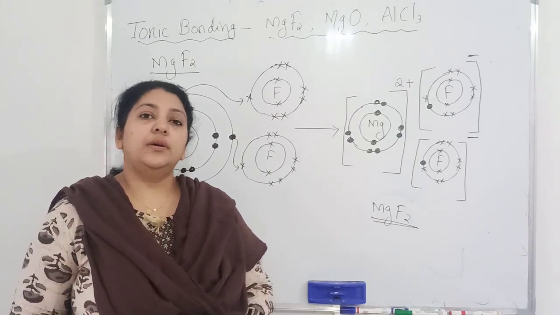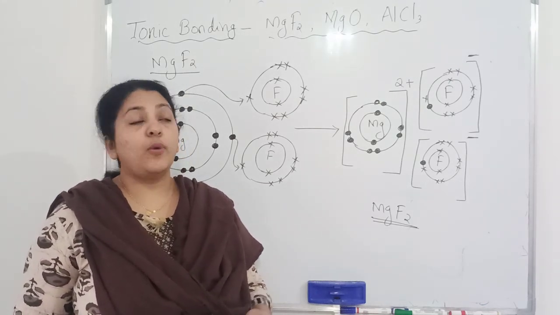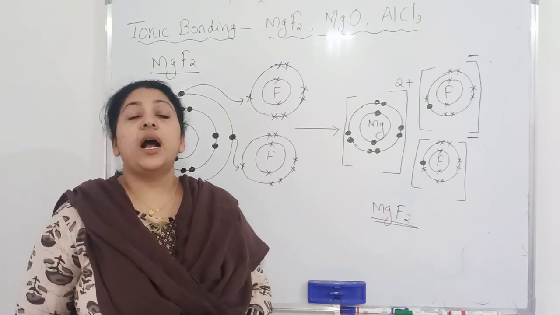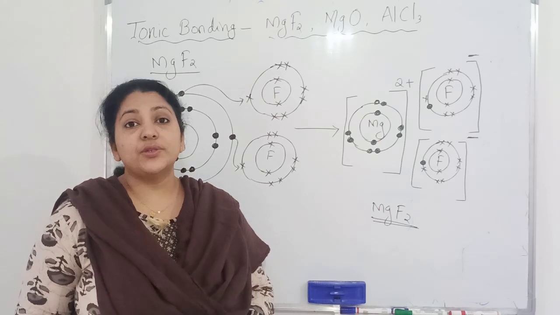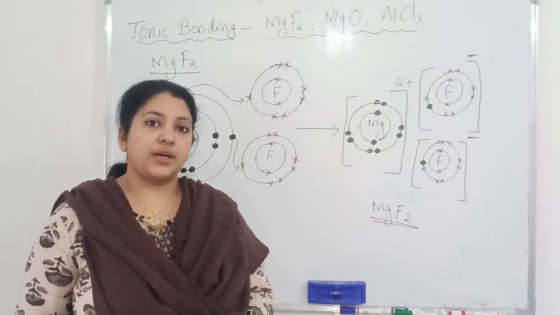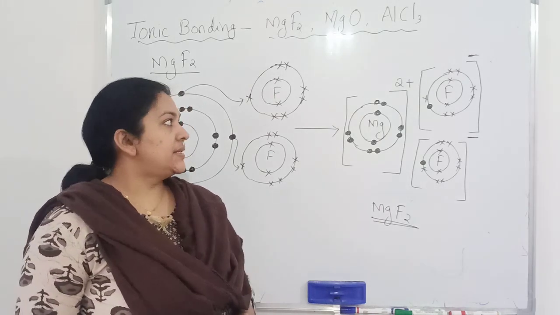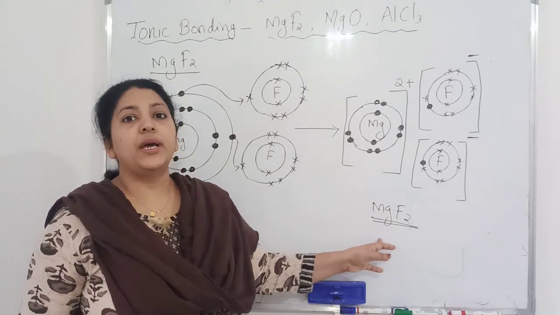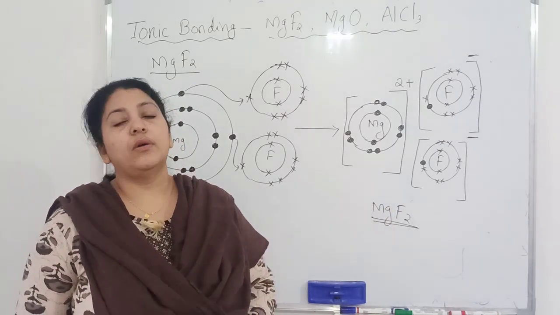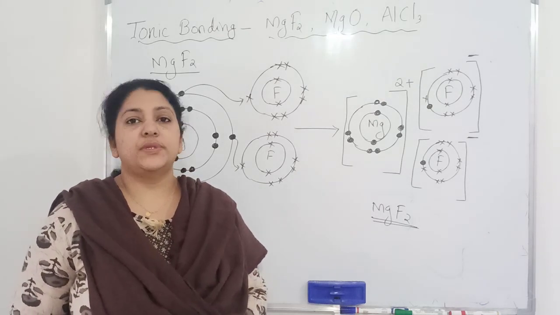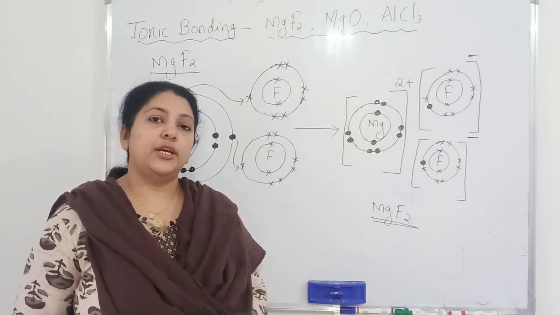Being oppositely charged, these ions will attract each other and make a very strong electrostatic force of attraction, and this type of bonding is called ionic bonding, and the compounds thus formed are called ionic compounds. Hope it is very clear to you.